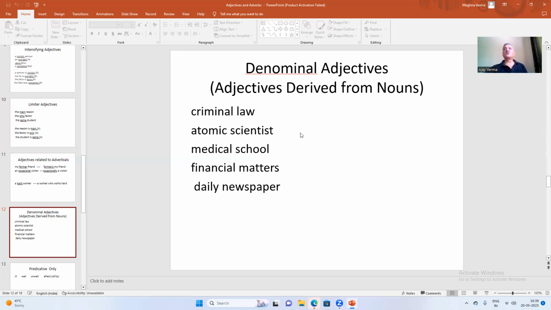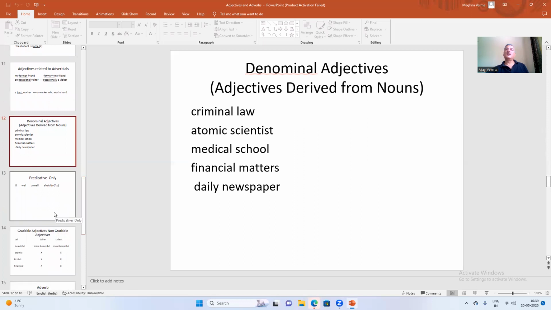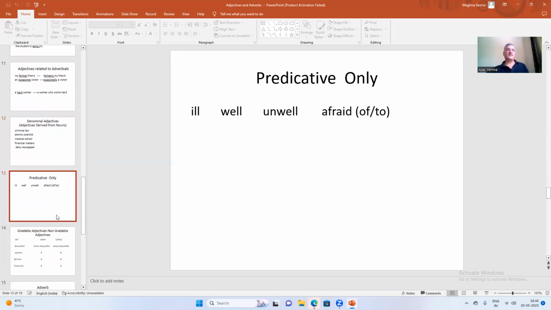These adjectives also occur attributively and not predicatively. So criminal law, the law is criminal बोलोगे तो मतलब बदल जाएगा. Atomic scientist, scientist is atomic बोलोगे तो मतलब बदल जाएगा. So these are known as denominal adjectives. They are derived from nouns, and these adjectives also do not occur predicatively. They occur attributively. On the other hand, we have adjectives which occur predicatively only.